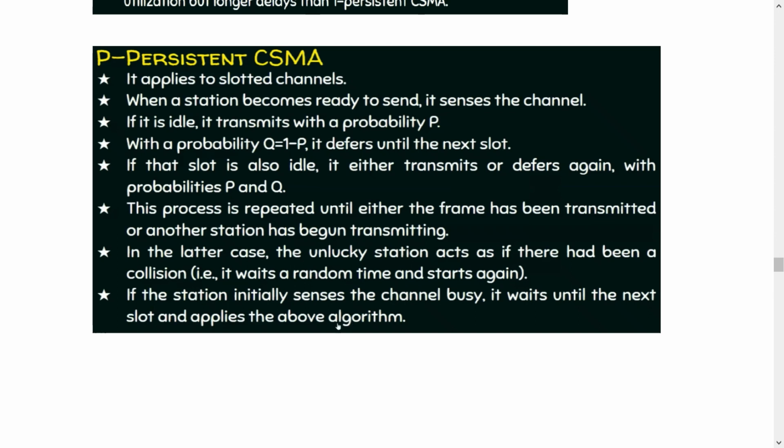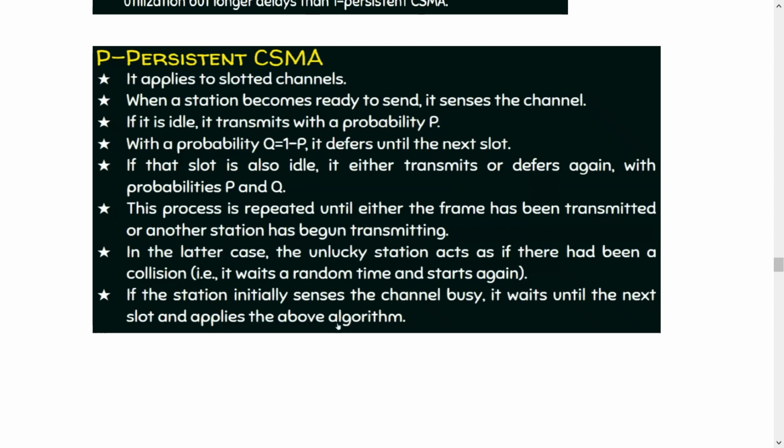With a probability equal to Q, which is equal to 1 minus P, it defers until the next slot. If that slot is also idle, it either transmits or defers again. It defers means it backs off. It delays its transmission. This process is repeated until either the frame has been transmitted successfully or another station has begun transmitting.